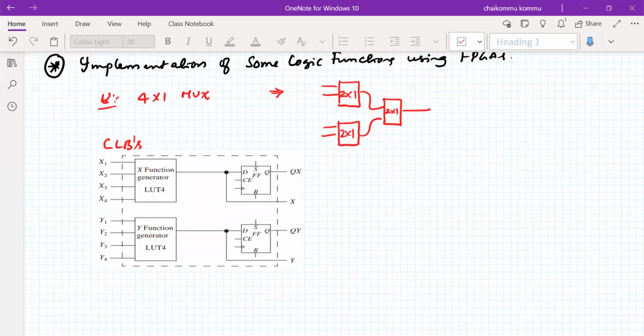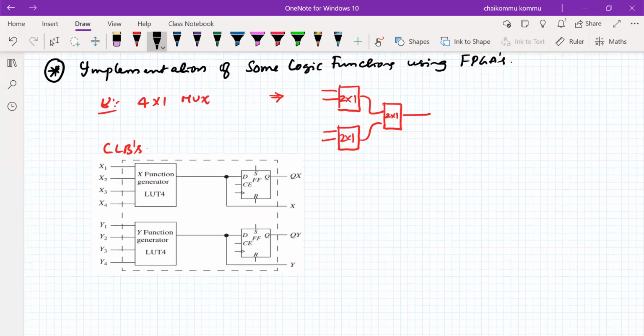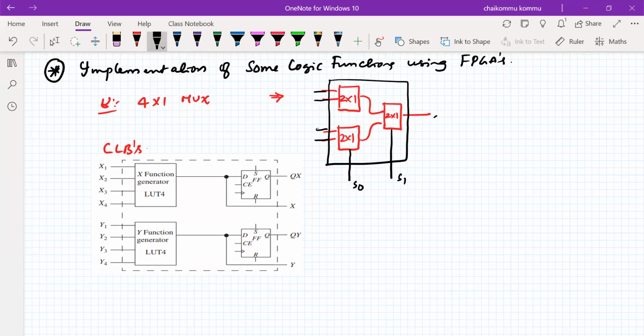Normally, we cannot directly implement a 4x1 multiplexer here. Why? Because the 4x1 multiplexer consists of how many inputs? 1, 2, 3, 4, and there are 2 selection lines, S1 and S0, and 1 output.